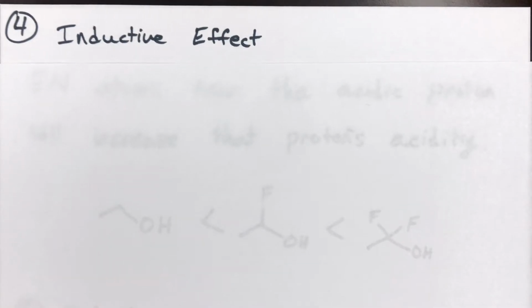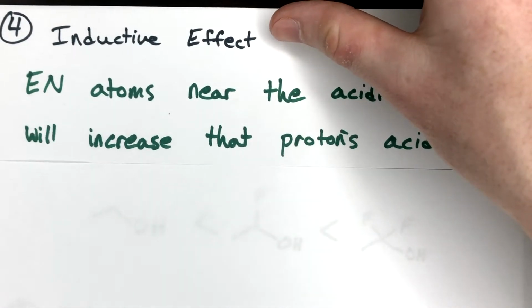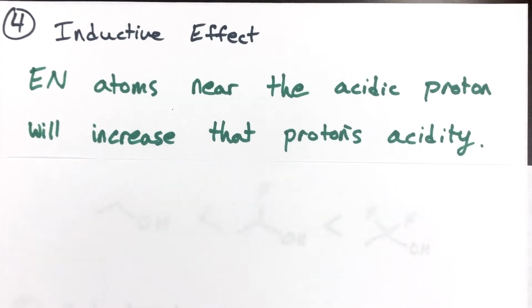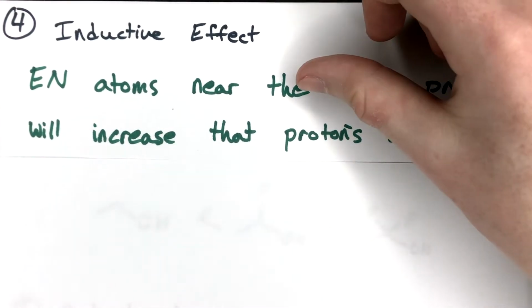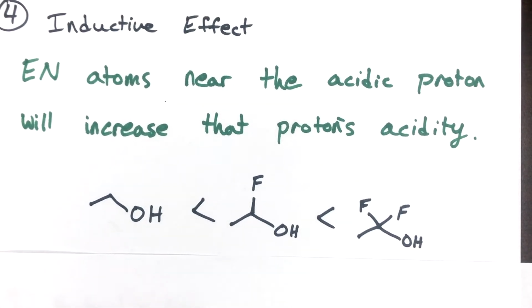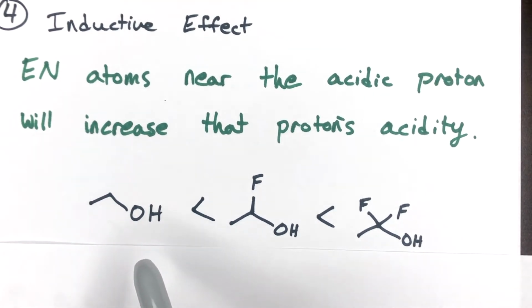All right, the next factor is the inductive effect. Again, in this context, what we mean is when you have electronegative atoms that are near the acidic proton, so not bound directly to the acidic proton, that will increase the proton's acidity. A series that explains this is a fluorinated ethanol compared to a not fluorinated ethanol. Here we know from the previous questions that this OH is acidic because we have electronegativity at the oxygen that causes the dipole, which causes this proton to be acidic.